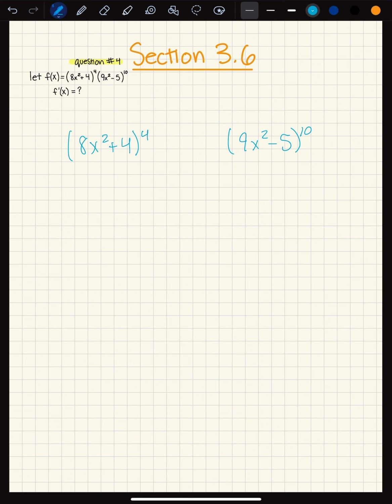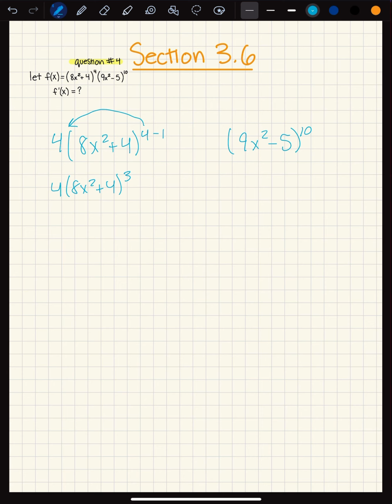First you want to do the derivative of the outer function using the power rule. So that would just move this and you subtract by 1. So that's the derivative of the outer function.